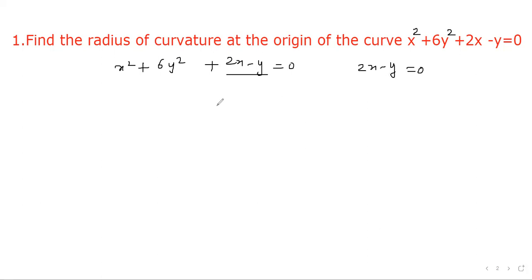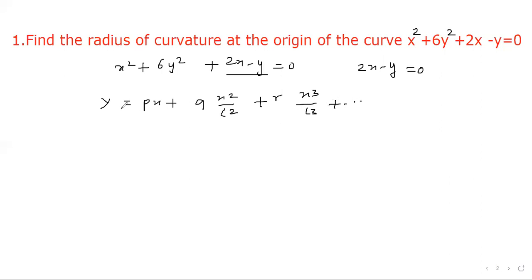Now here we have to put y equal to px plus q times x squared upon factorial 2 plus r times x cubed by factorial 3 and so on.